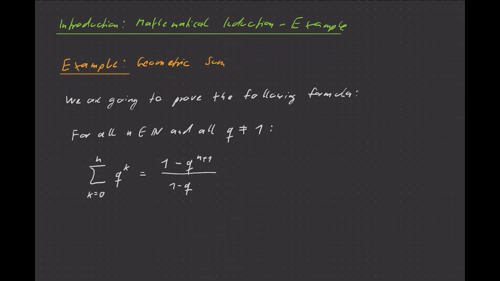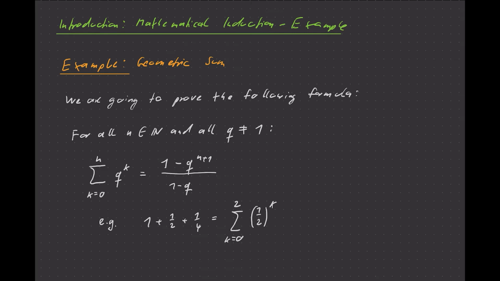A quick example for that, so that you see how that is actually meant. For example, if you have a sum like 1 plus 1/2 plus 1/4, that can be written as a geometric sum from 0 to 2 over 1/2 to the power of k.